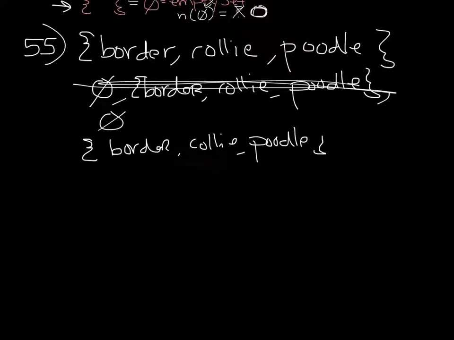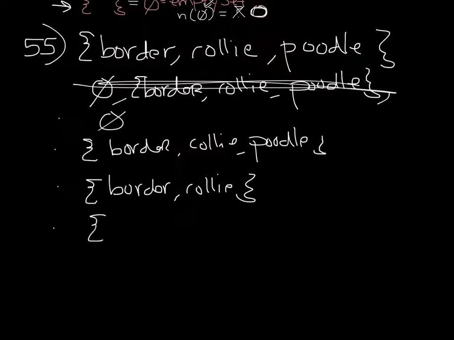Okay, and the next one maybe, so there's 1, 2, how about, well, I can just say border and collie, right? That set still lives in here, right? Well, the border and the collie are here.